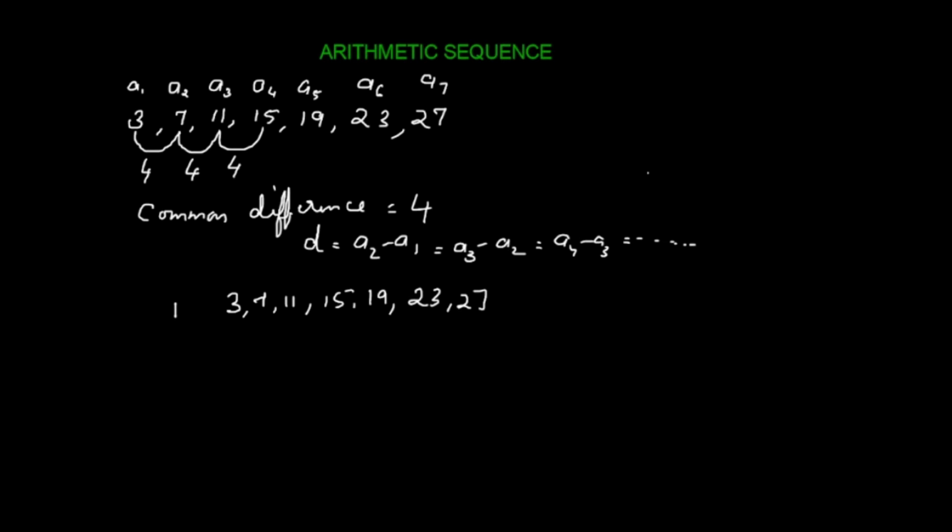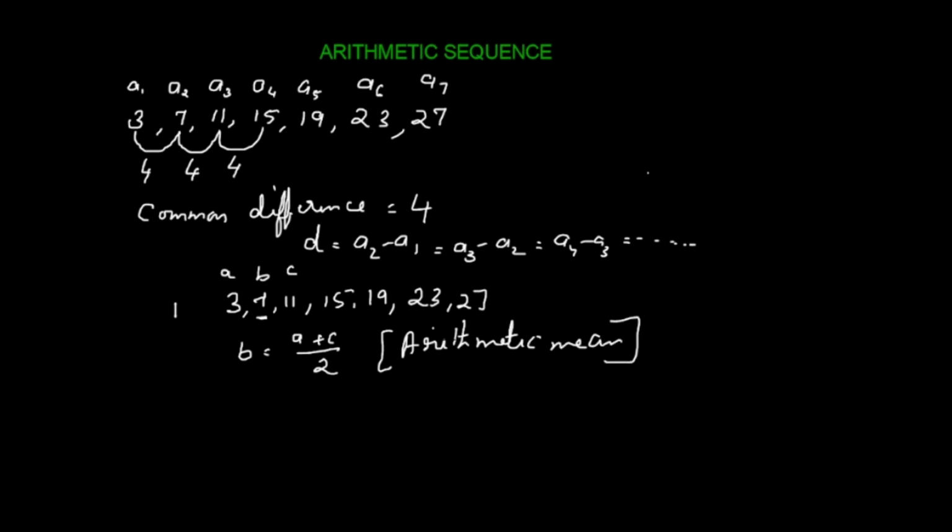So suppose this is A, B, C. First term is A, second term is B and the third term is C. So B, the middle term, is equal to A plus C by 2. This is known as the arithmetic mean. This is the formula for the arithmetic mean.